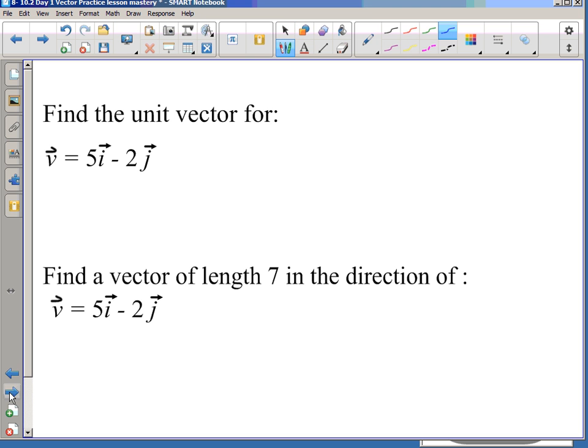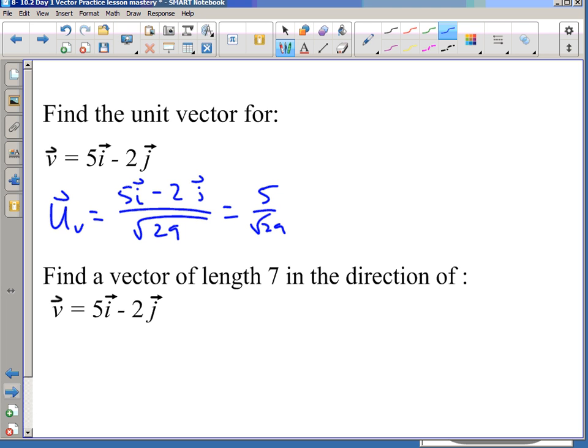All right. Well, unit vector v will be the vector 5i minus 2j divided by its magnitude, which is the square root of 25 plus 4, that's 29. And if I split that up, I get 5 over root 29 i minus 2 over root 29 j, but of course we don't like that form. We got to rationalize.